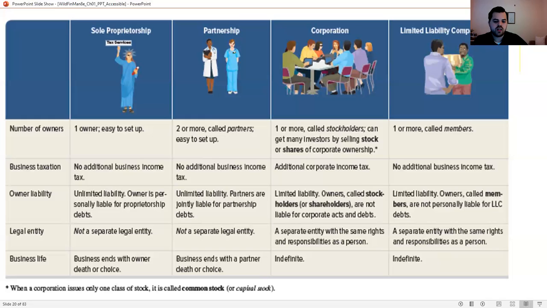You come in the next week trying to write checks to pay your bills, and they all start bouncing. Guess what? You are equally liable. Even though you did not go down to Vegas and lose all the money, and your partner did, because this is a partnership and there's no legal distinction, there's no firewall in the eyes of the law, your personal assets are up for grabs just like theirs.